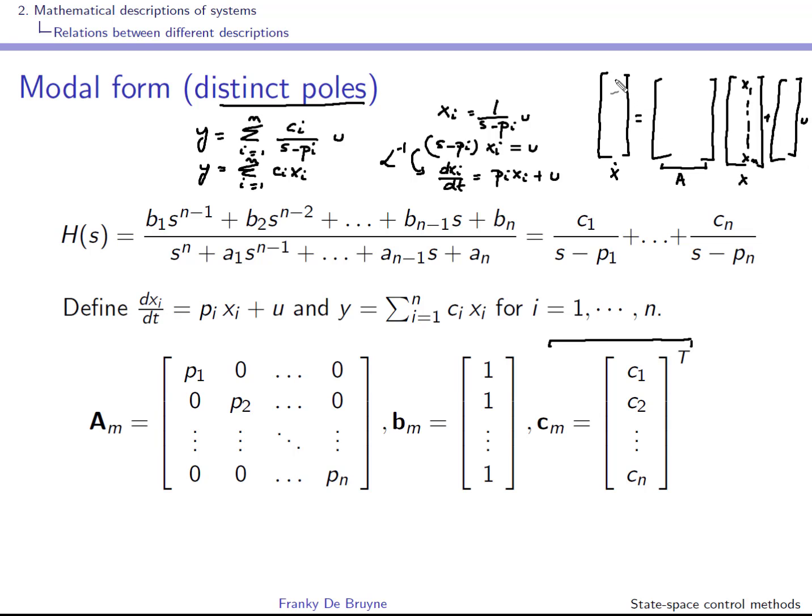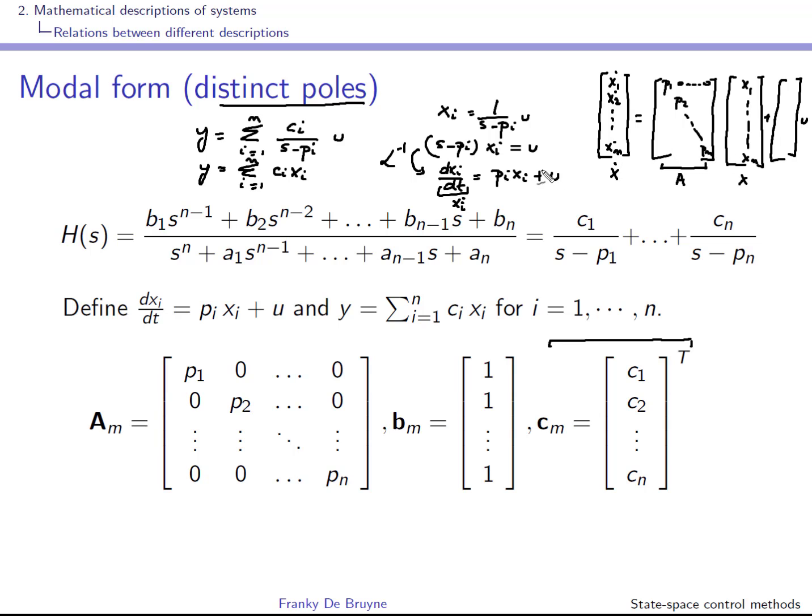Okay, so obviously here I will have x1 dot, x2 dot, and so forth up to xn dot. And you can see from what I've written here, because this is xi dot, that I will have p1, 0, 0, and on the diagonal I will have p1, p2 up to pn.